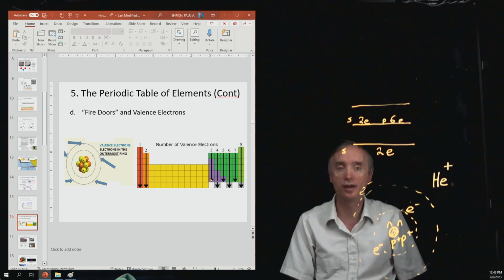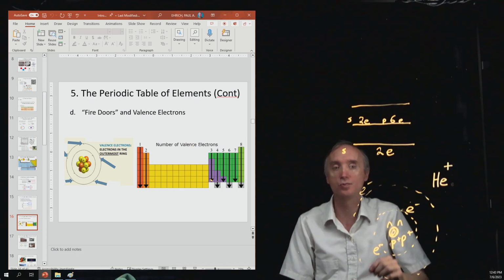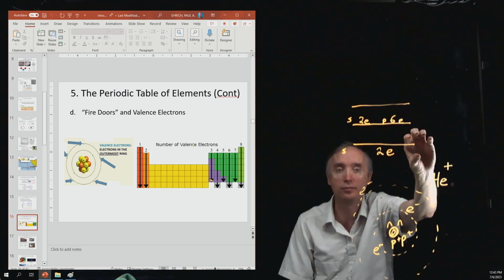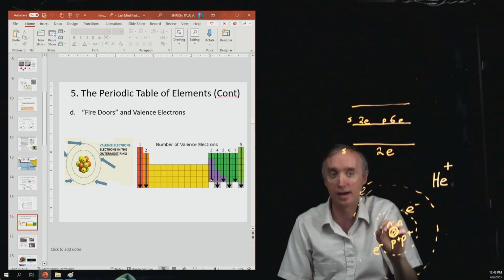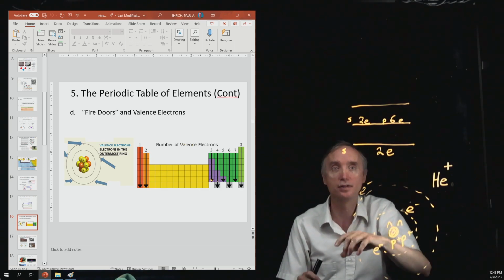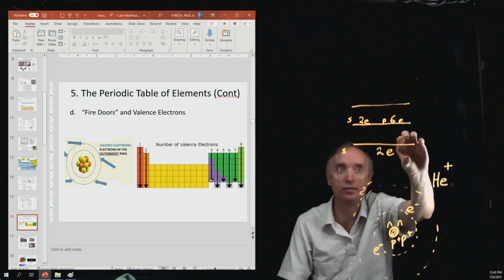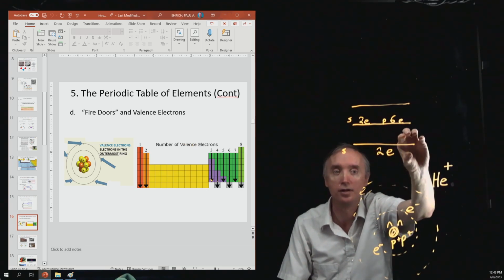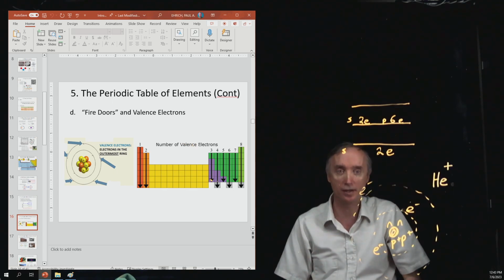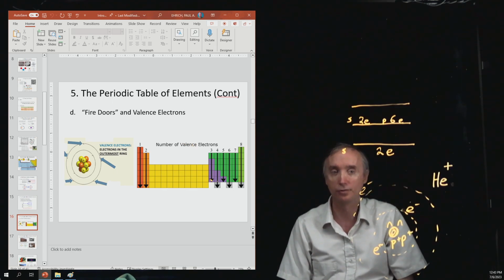We're going to have a rule that says once a floor of the atomic apartment building has its maximum number of electrons, the fire doors are going to close. And it's going to seal off this floor so that these electrons will not participate in a chemical reaction.